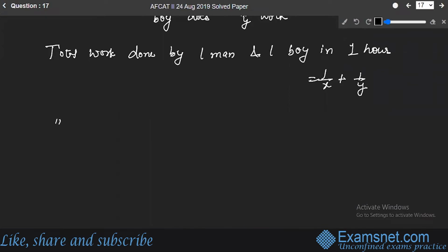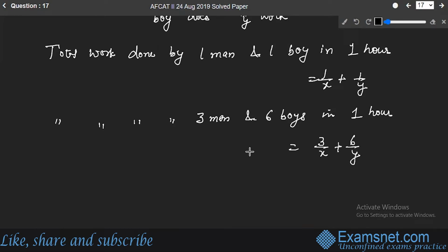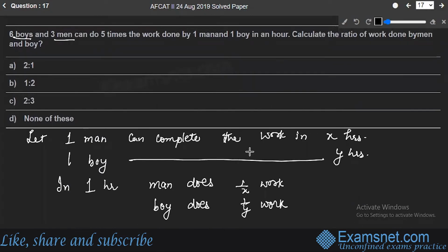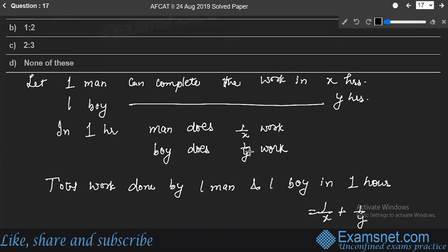So total work done by 3 men and 6 boys in 1 hour will be given by 3 upon x plus 6 upon y. Correct. Now, in the question, what is given? That they do 5 times the work done by one man and one boy in 1 hour.